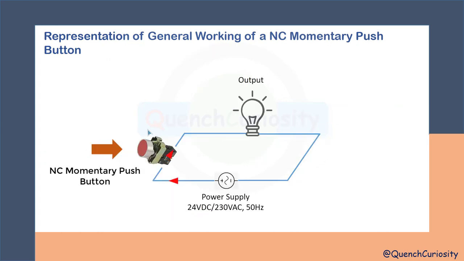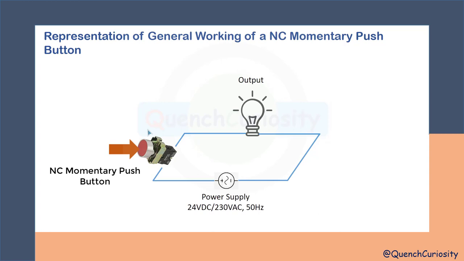In this way, we can at least understand how my logic will work based on the physical scenario. Now, as we have seen the NO switch, let's see and understand how an NC switch works. As you can see from the slide, the output is high at the initial stage. However, when the button is pressed, due to the spring present inside the button, it breaks the circuit, blocking the flow of supply.